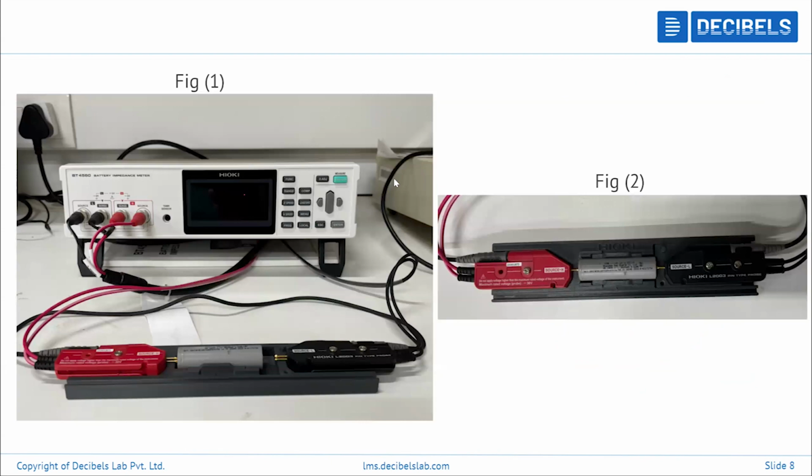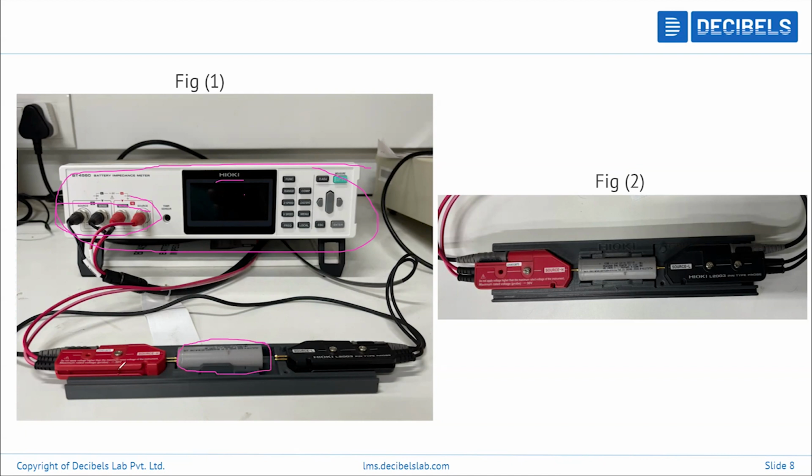Typically the machine you can see is a machine from a company called HIOKI, where you can see 4 wires with the probes coming in contact with this particular cell. This is picked from our lab.